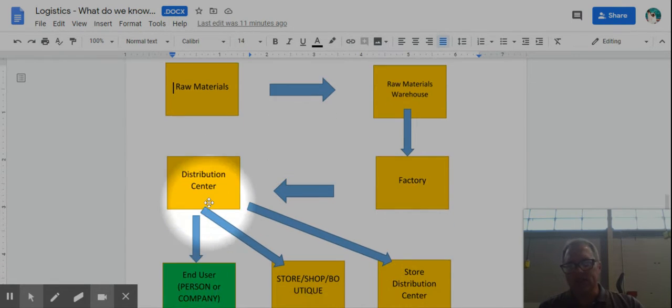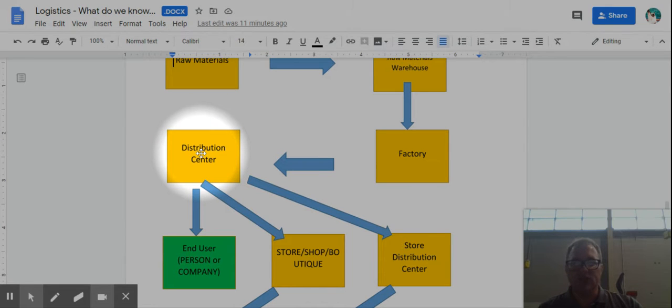Then more logistics happens here at the distribution center. If it's a big store, Walmart will know that I need to send 260 cases of corn. That's 12 packs of corn. 260 12 packs of corn is going to get sent to one of our regional distribution centers for all of the people that are in, let's just say, northern Kentucky.